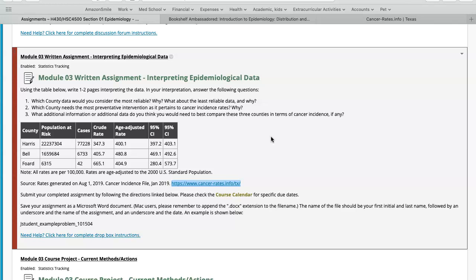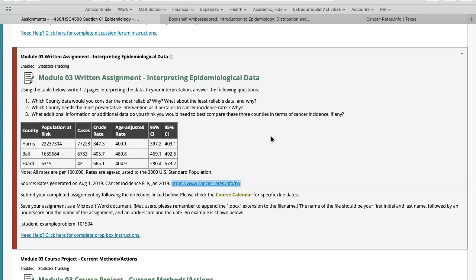When you're looking at a population, if you have a larger population to sample from, do you think your data is more or less reliable? And within that population, if you have a larger number of cases or a smaller number of cases, which do you think is more reliable?